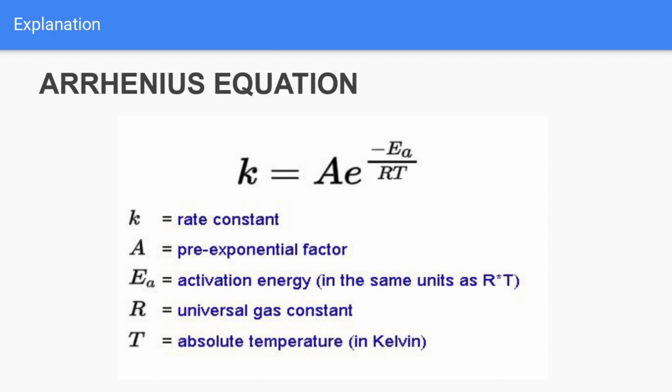If we express the activation energy in terms of energy per mole, we can use universal gas constant in the Arrhenius equation. But when we express the activation energy in terms of energy per reactant molecule, the universal gas constant should be replaced with Boltzmann constant.